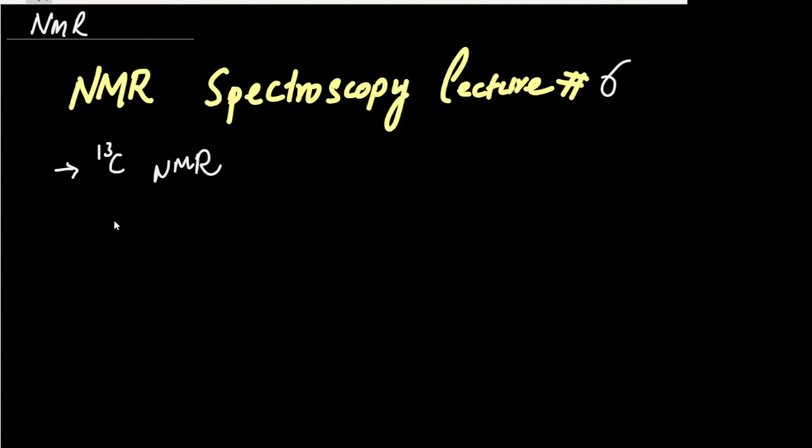In this lecture, we will study the carbon-13 NMR and how to interpret it. While studying the carbon-13 NMR spectrum, there are two types of spectrum that are commonly used.